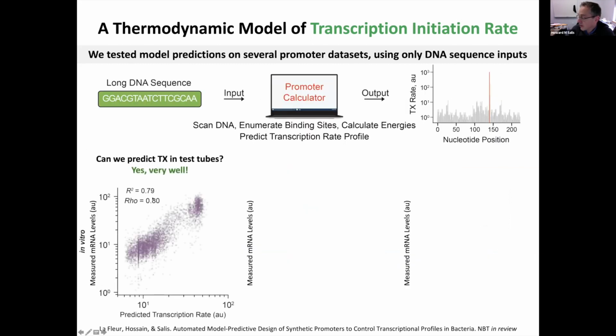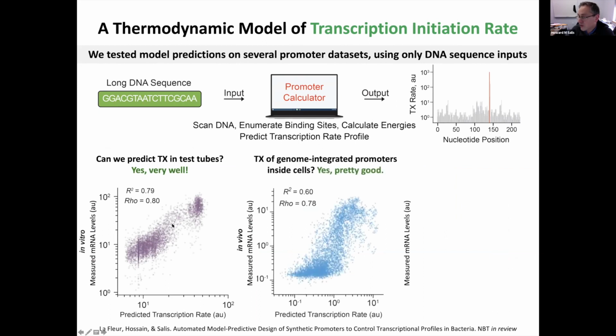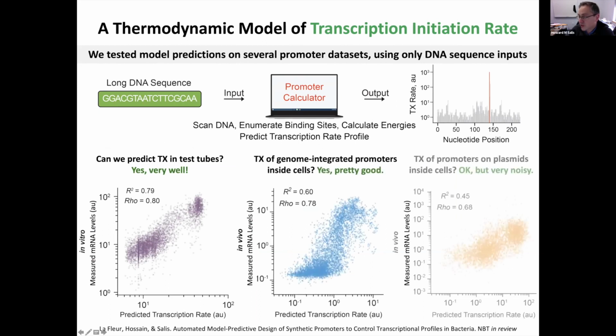Okay, so we figured out that those predictions work very well, even if we do not provide the transcriptional start sites into the model. So just to keep in mind, when we initially trained the model, we did have the transcriptional start site mapping data in order to develop a really good model.